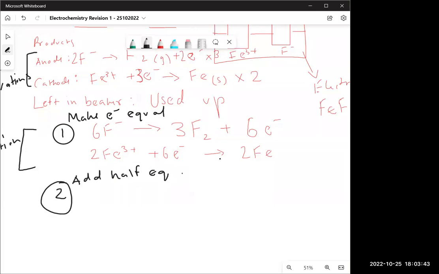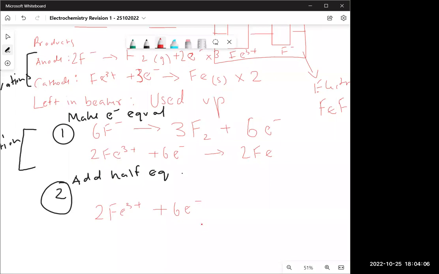So it will be 2 Fe3 plus, plus 6 electrons. I don't want you to say E minus, say electrons.